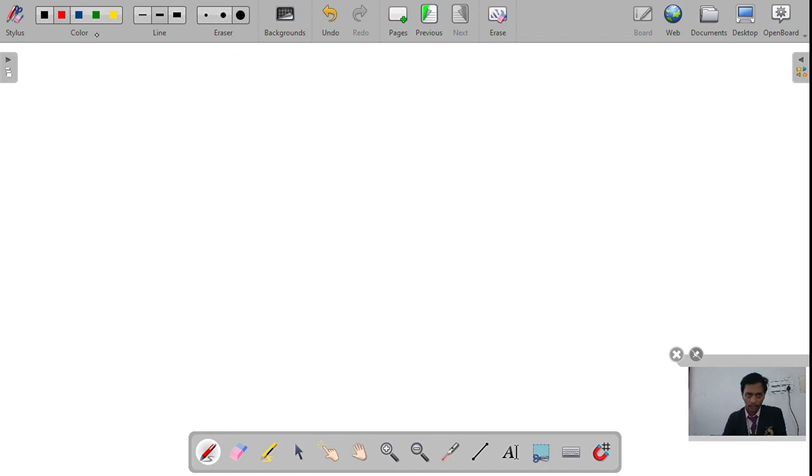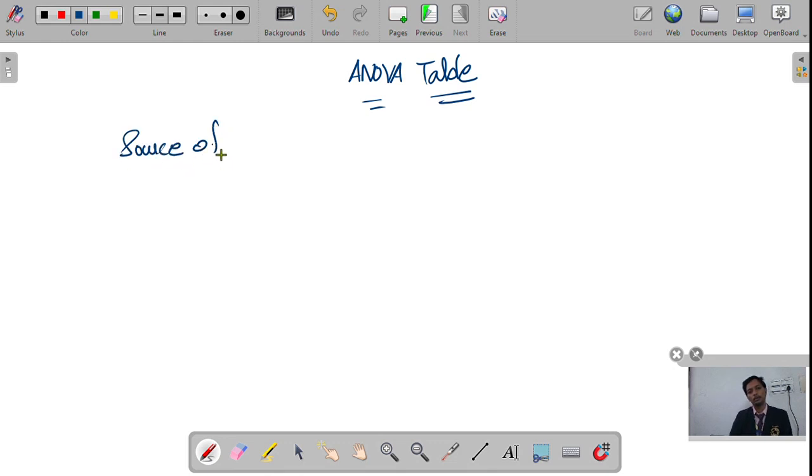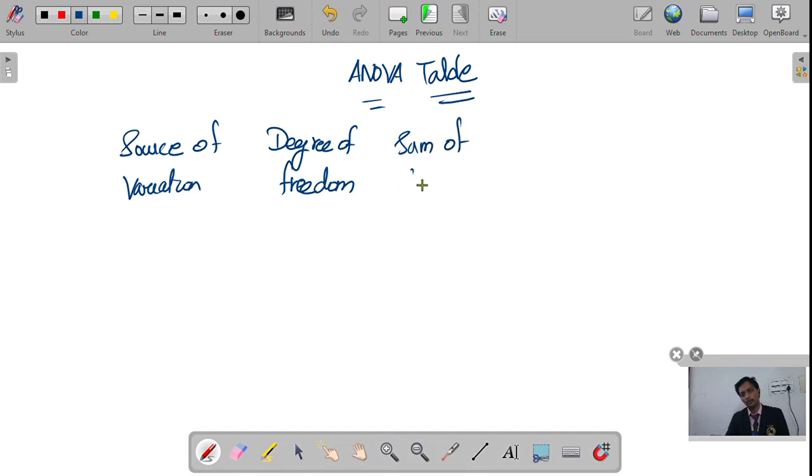In the ANOVA table, there will be first, source of variation, second, degree of freedom, third, sum of squares, fourth, mean sum squares, and the last one, F cal.